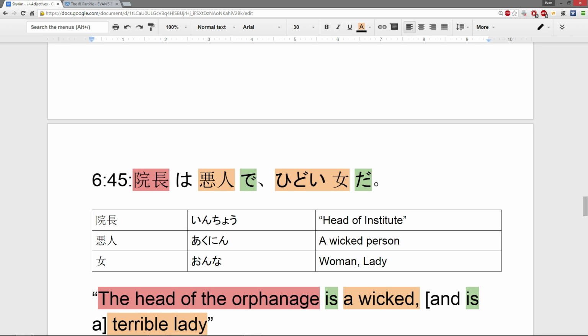If it is a na-adjective, we use the de particle to connect adjectives together, so na-adjectives and i-adjectives together. So akunin de and hidoi might all be modifying onna. Technically, de is the te form of desu, so we can translate this as a verb. So regarding the incho, she is a wicked person and she is a woman who is evil.